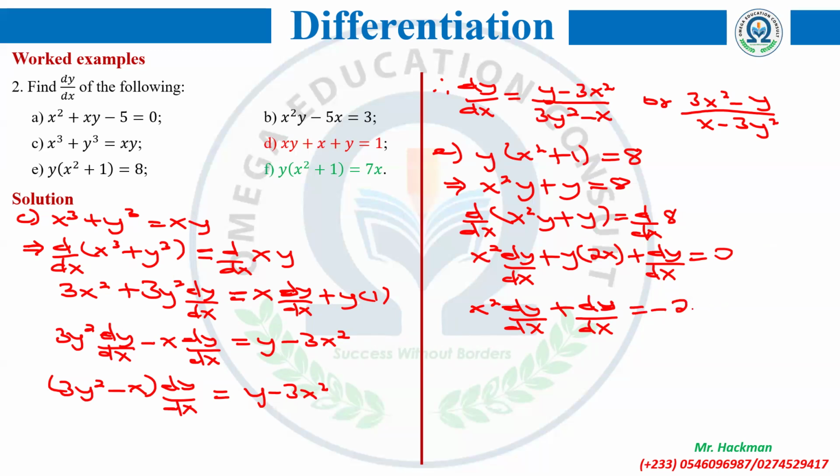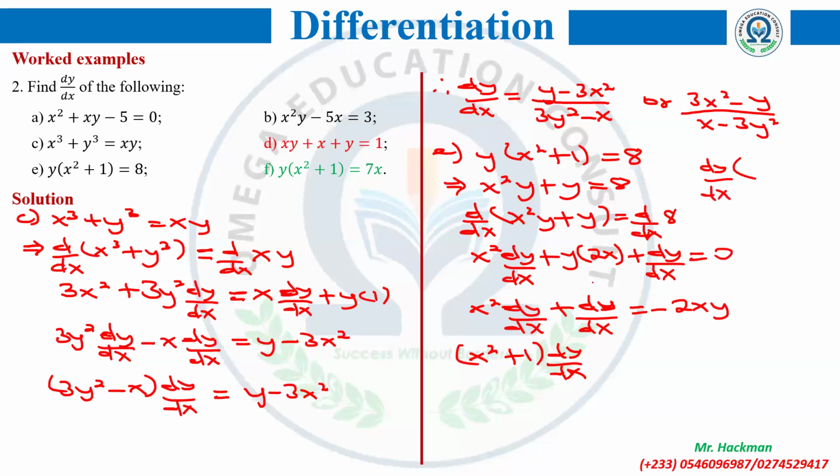Do you agree? Yes, please. So we are going to factor out the dy/dx. That will be the same as x squared plus 1, the whole of that in bracket, then your dy/dx. So that is dy/dx factored out.